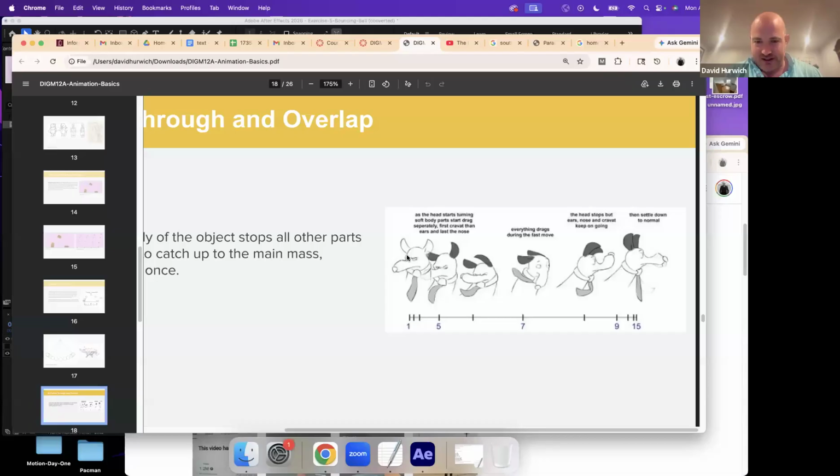So here is an example in two-dimensional form, but we can apply this in motion graphics. This character has a really floppy nose and floppy ears and a floppy tie. And as the character turns its body, its ears and its tie and even its nose take a frame or two to catch up, if that makes sense. So it does that and the nose comes afterwards.